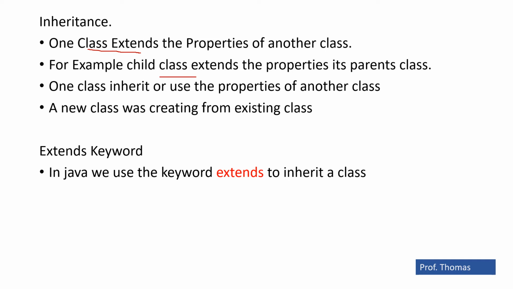Normally, the child class implicitly has the behavior of the parent class and can use the properties of the parent class. The child class may also contain its own properties, while also extending the properties of its parent class.